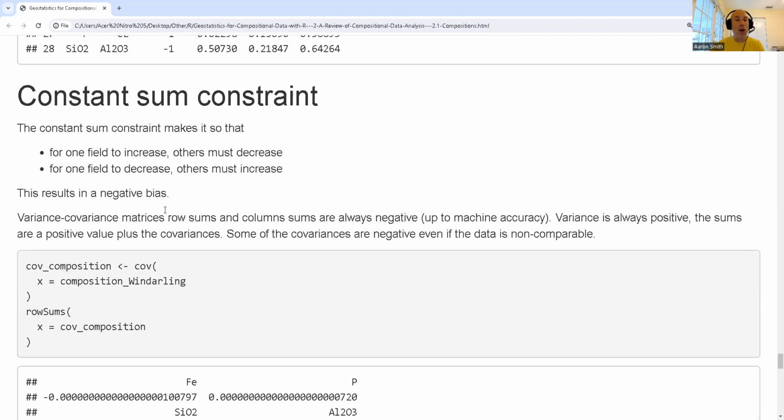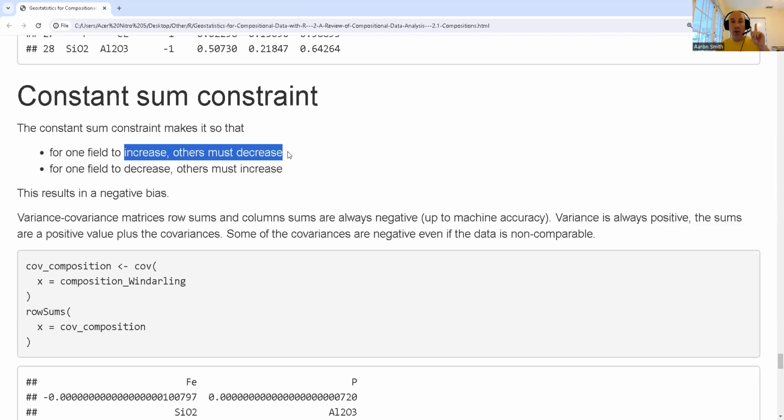All right, so the constant sum constraint sets it up so that for one value to increase, another must decrease. If all of my entries in a row add up to 100 and one value increases, that means somewhere else at least one has to decrease to maintain that constant value.